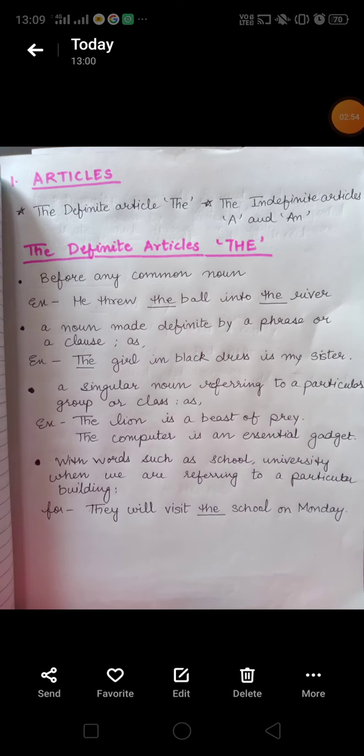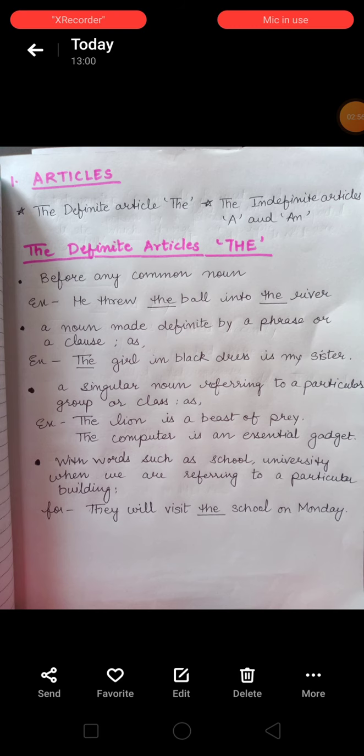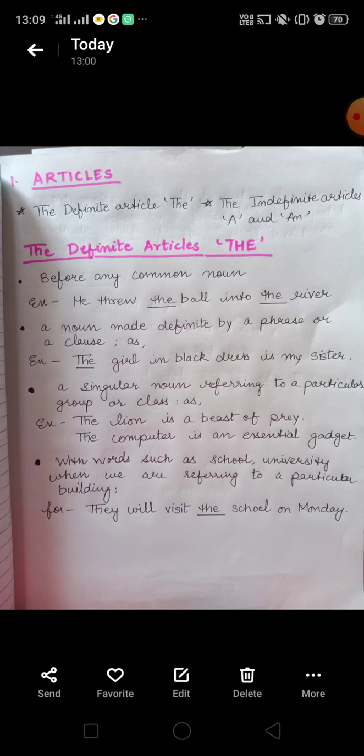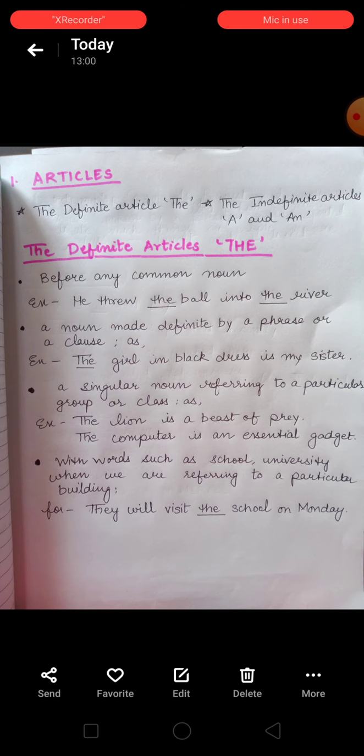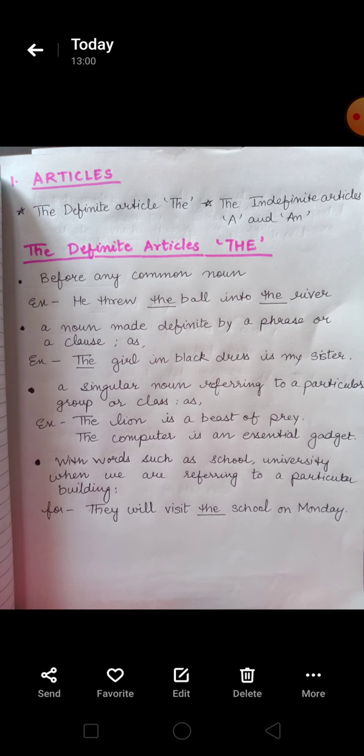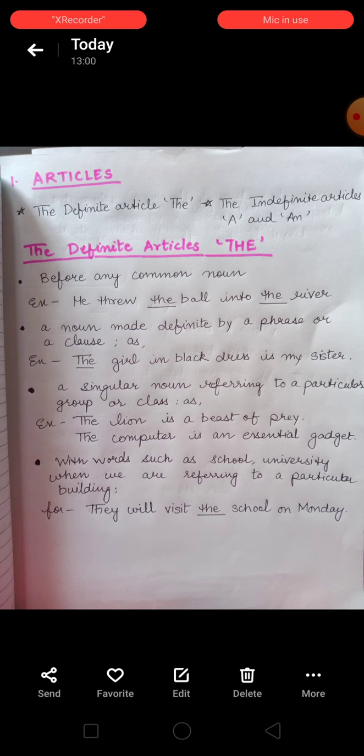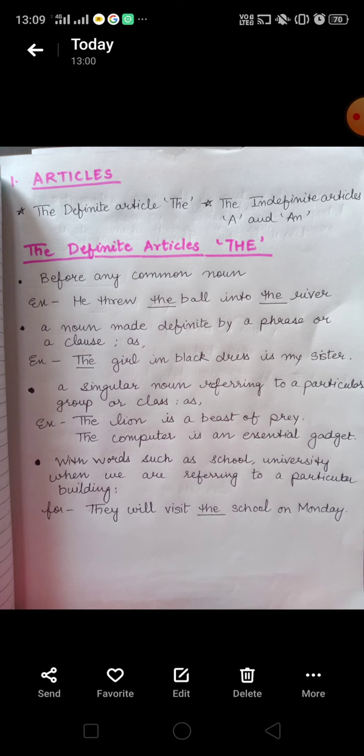Let's start with articles. Let me tell you, there are three types of articles. First is the definite article, and the other two categories are included in the indefinite articles. The definite article includes the, and the indefinite articles include a and an.